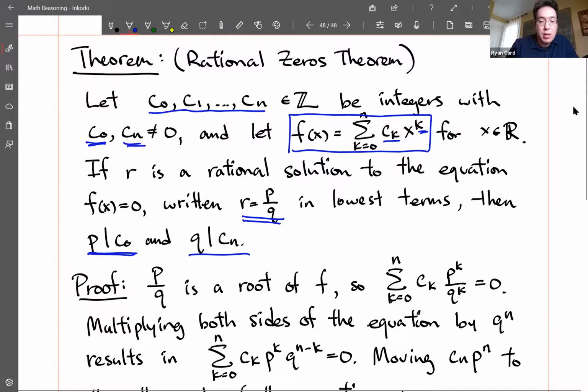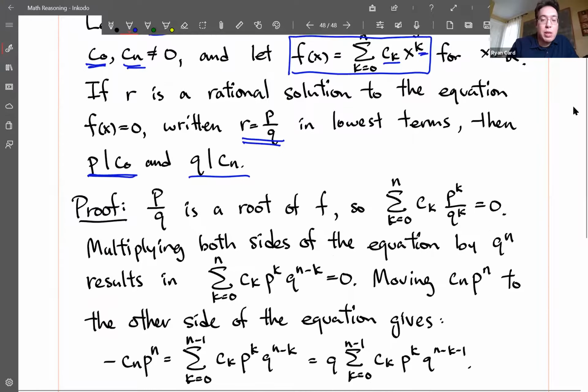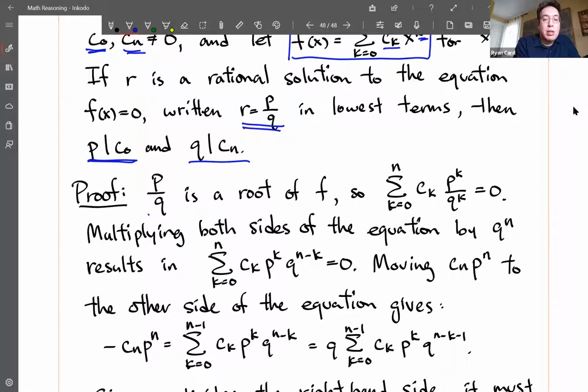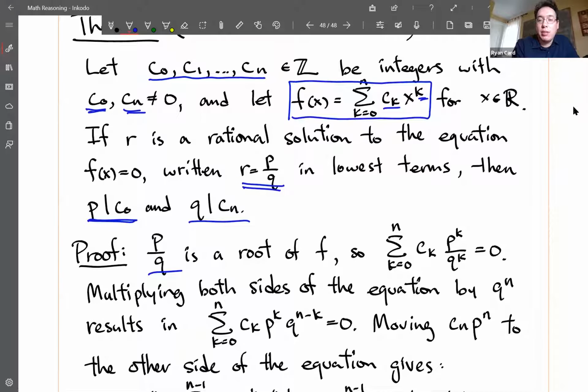Okay, so let's look at it. If p divided by q is a root of this polynomial f, then you could plug it in place of x. So we plug in p divided by q into that polynomial, and here's the equation we get.